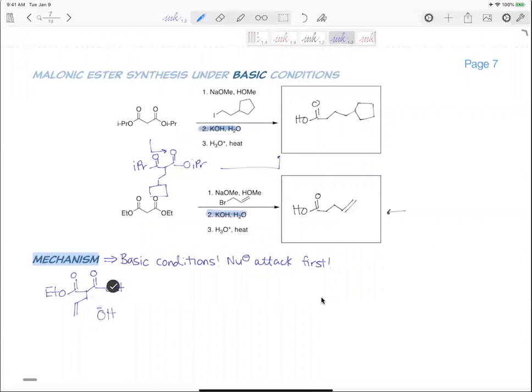So OH minus is going to be a nucleophile and it's going to attack the electrophile. Okay, but don't forget, small bases like that are reversible, as are sodium and potassium hydroxide. So it's also going to be reversible here.